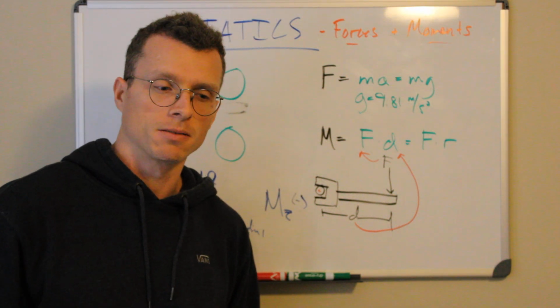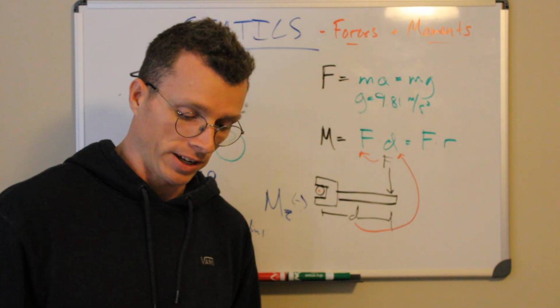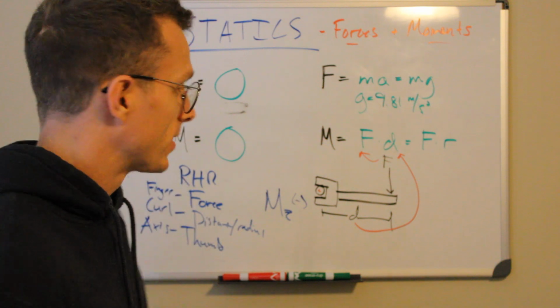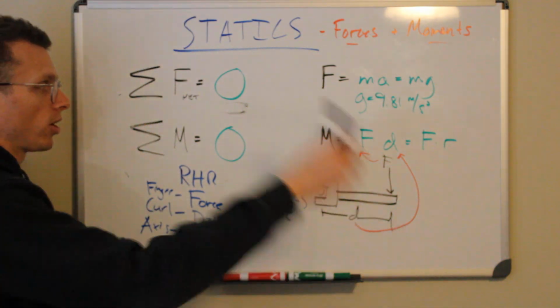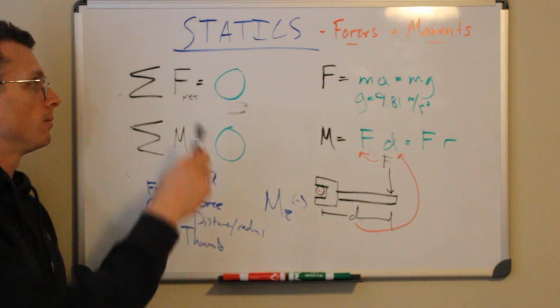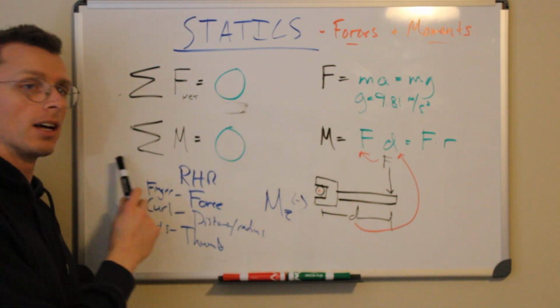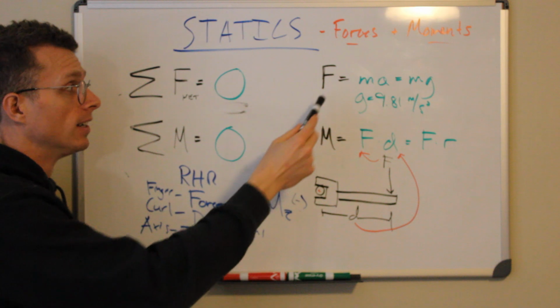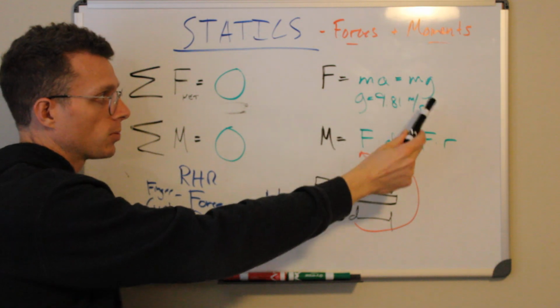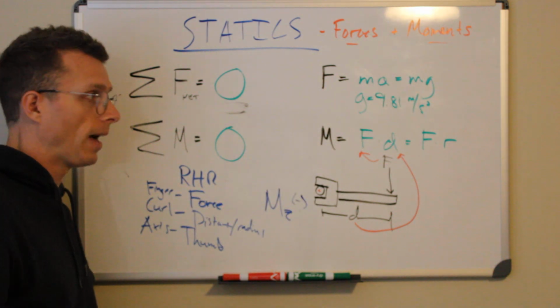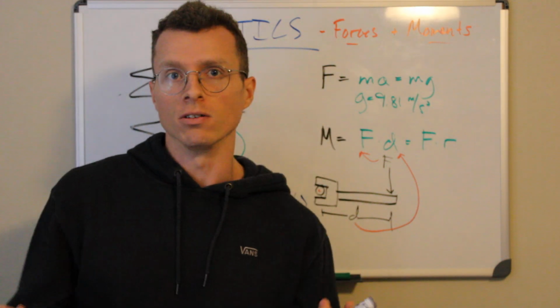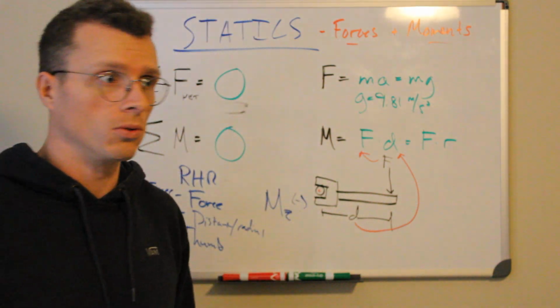There's some oddities, but we'll get to that when we cross that bridge. No pun intended with statics. Anyways, that is essentially all you need to know. Just to wrap it up, we've got sum of the forces are 0, sum of the moments are 0, right? The objects are not moving. The forces in most of these problems are just going to be the mass times gravity, and like I said, a lot of these they'll give you the force, so you don't even have to solve for it.